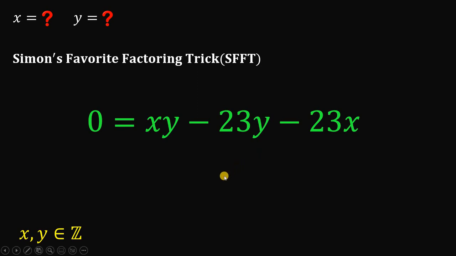Now, one thing to notice here is the right-hand side, xy minus 23y minus 23x. How can we factor this expression? Take note. What will happen if we multiply x minus 23 by y minus 23?